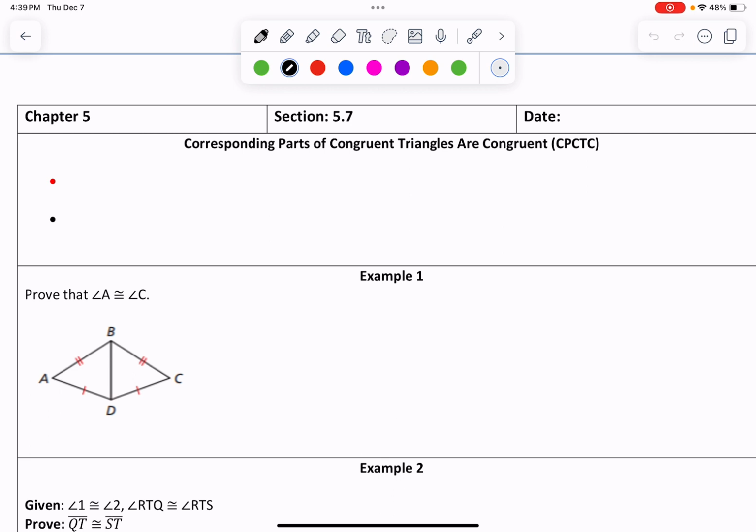So the first thing is that we have to prove the two triangles are equal to each other. So prove the two triangles are congruent.